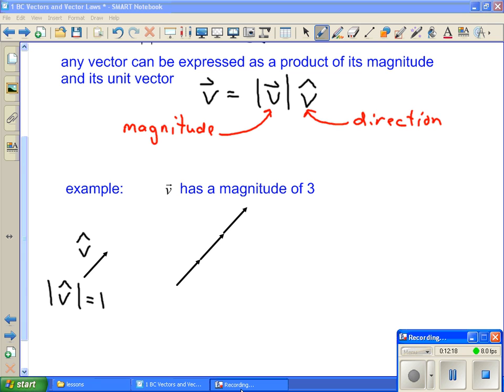Magnitude of my unit vector is 1. So we've got 1, 1, 1. So my new vector from here to here is vector v, and the magnitude of vector v is 3. Okay, so I've taken the direction from my unit vector and given it the correct magnitude that I wanted.